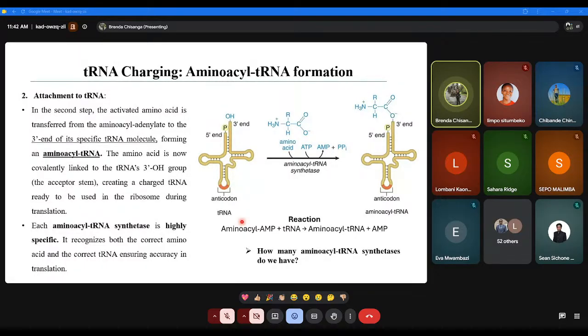And the mRNA, we can assume at this point, is carrying different combinations of codons that are going to give us different amino acids. It's not always the case. I'm just giving you a scenario where you have your mRNA carrying 10 codons, and each one of those 10 codons is going to give rise to a different amino acid. At this point, we're assuming there's no stop codon. I want to find out how many amino acid tRNA synthetases should we have?